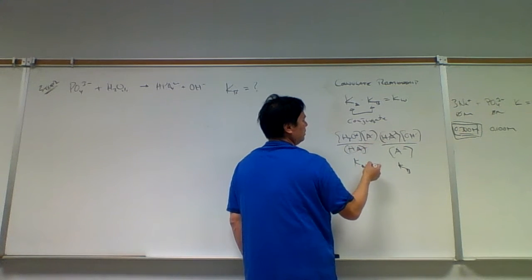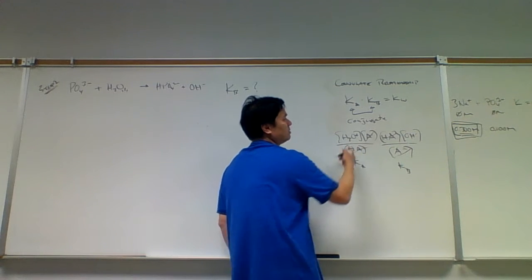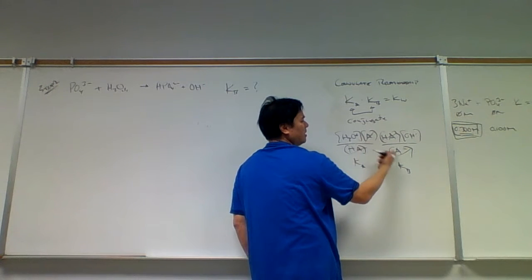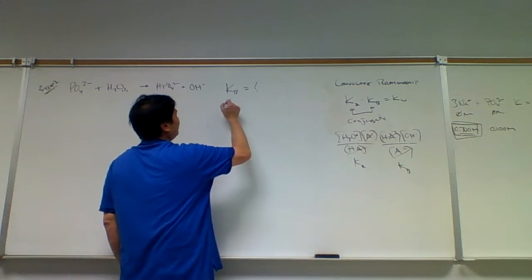HA's cancel. A minuses cancel. That leaves us hydronium times hydroxide. Well, hydronium times hydroxide is just Kw. And so the only way HA will cancel and A minus will cancel is if they're conjugates of one another. And so what that means is this.